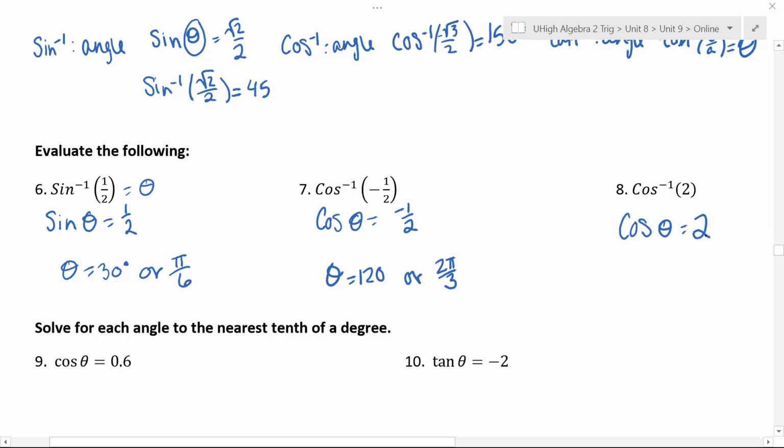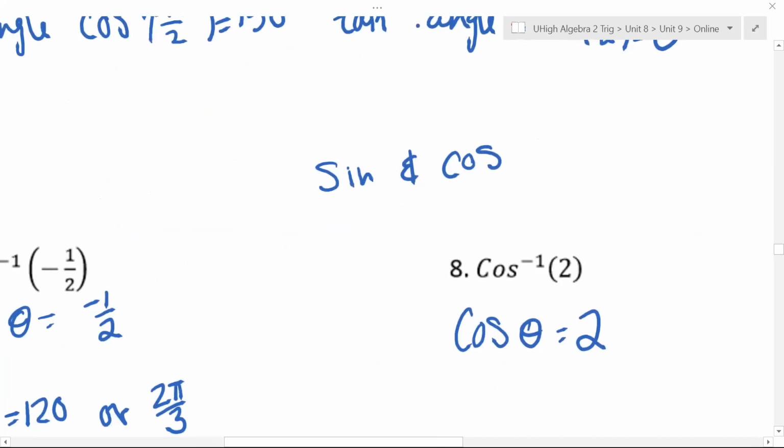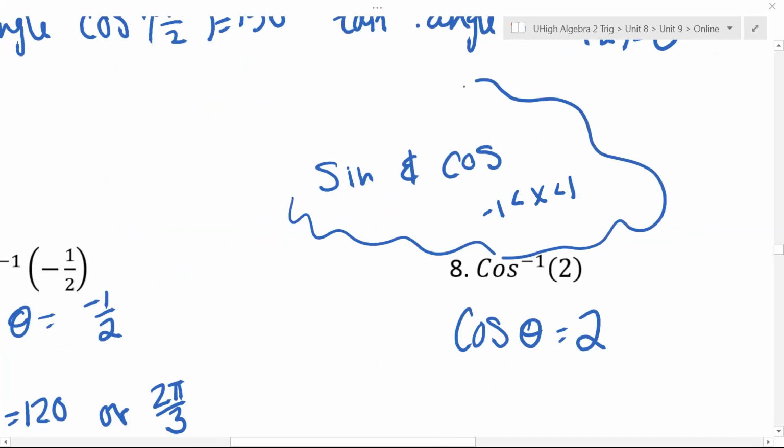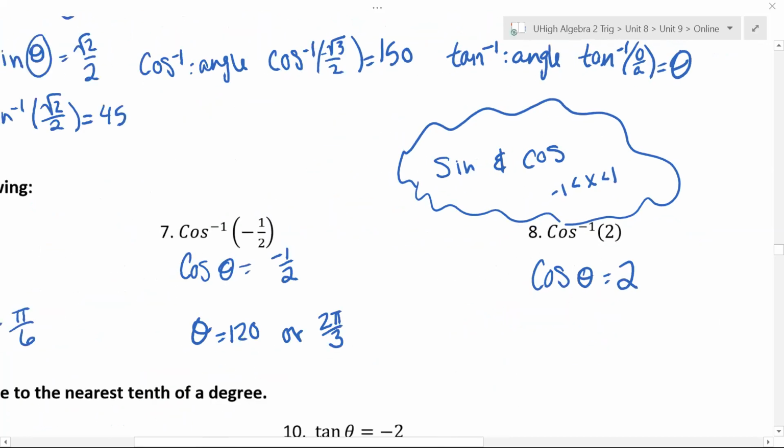If you remember way back to one of the very first pages of notes we took, we said that sine and cosine are always going to have values between -1 and 1. So I'm just going to put a little important bubble around this. Our sine and our cosine are always between -1 and 1.